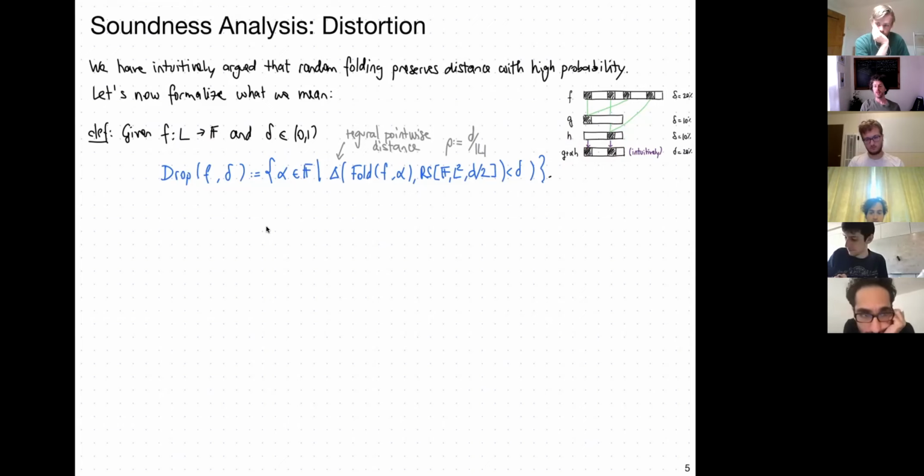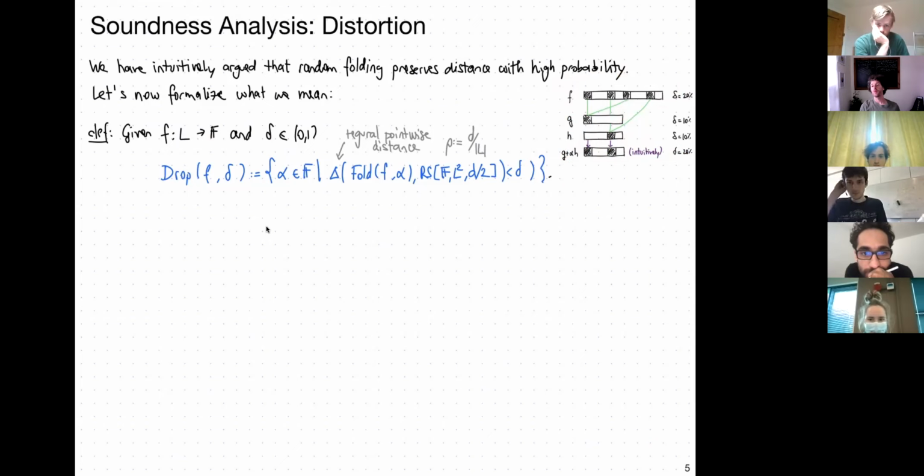Think about it: I started with distance, let's say 10% and 10%, so 20%, and then I'm merging it, and I have 20%. So I want to say, what is the collection of all alphas such that when I'm doing this folding, going from here to here, I lose distance. The distance drops. That would be the drop set.